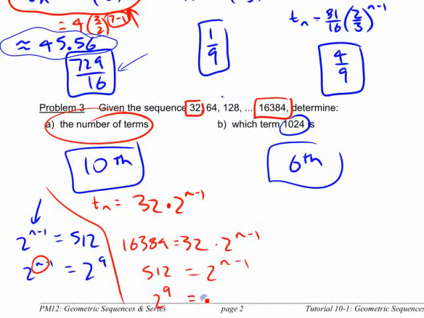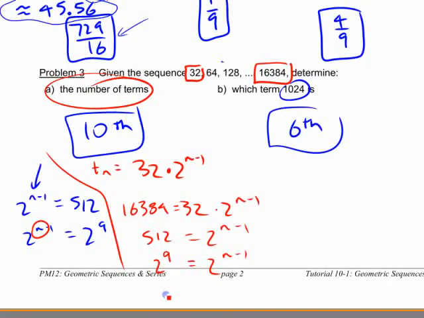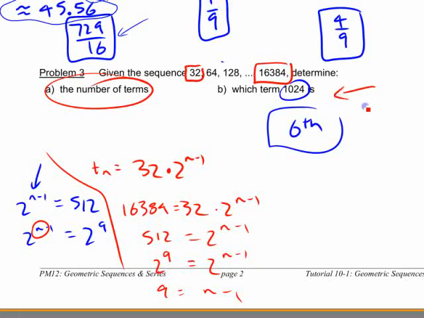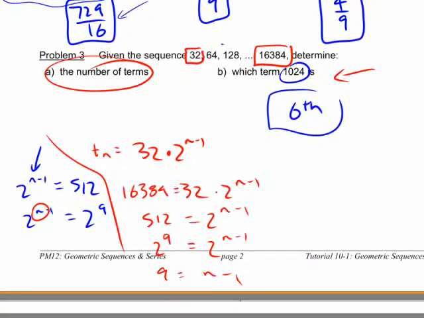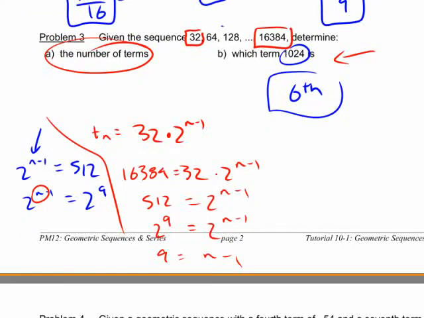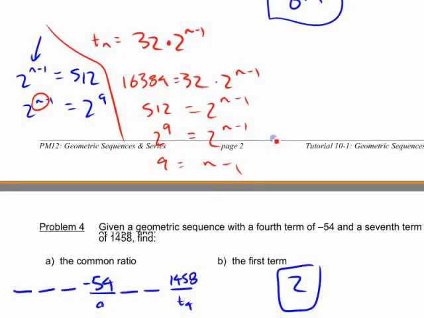That's 2 to the 9th equals 2 to the n minus 1. Right? So don't forget about that. That's one of the reasons we looked at that. If 2 to the 9th is 2 to the n minus 1, 9 is n minus 1. So n is 10. Okay, that's where 10th term comes from. This you can solve the same way, so I won't bother writing it out there. You can use logarithms, though, if you don't see that this is a power of 2.